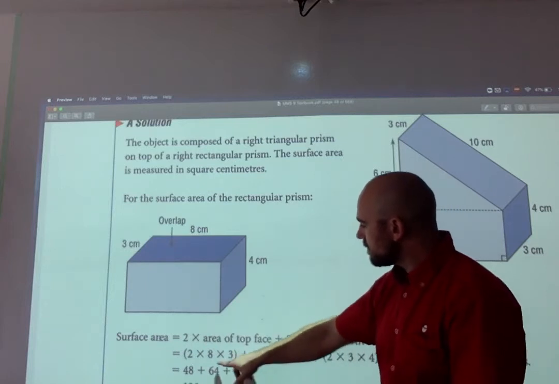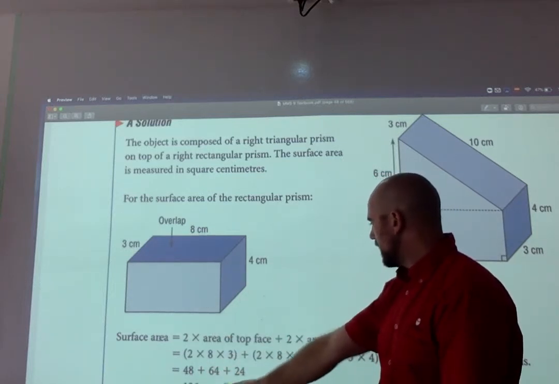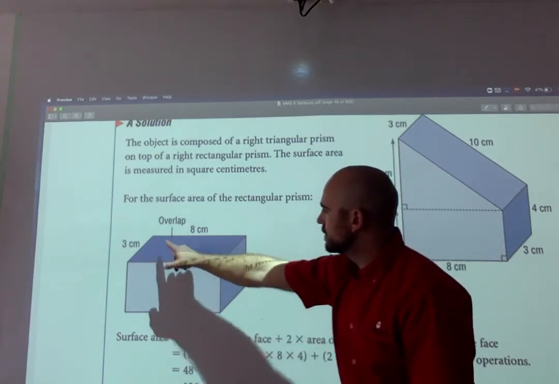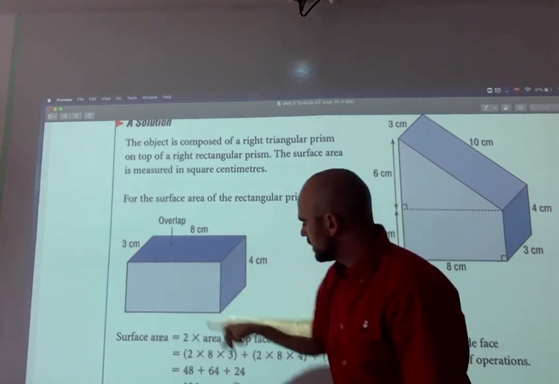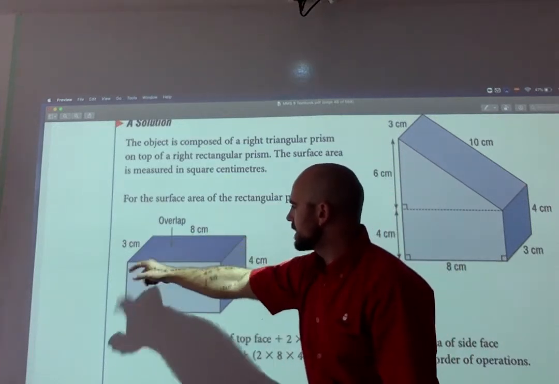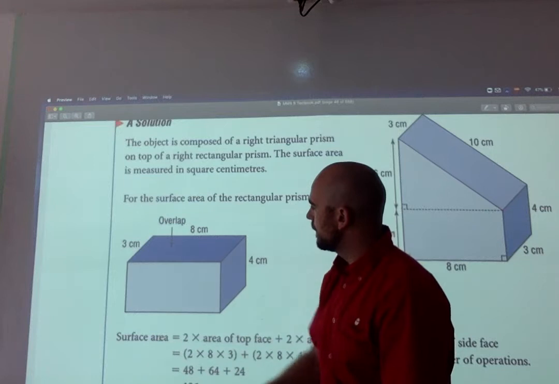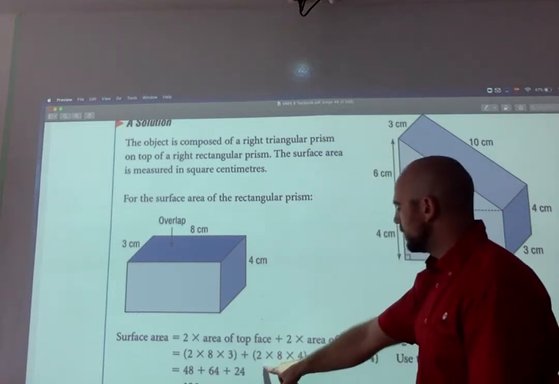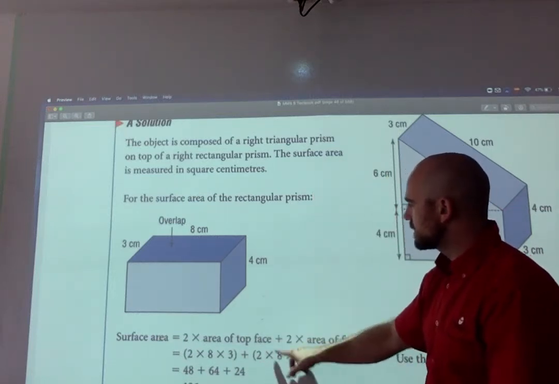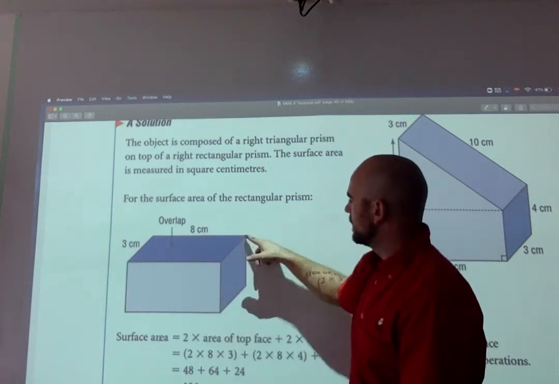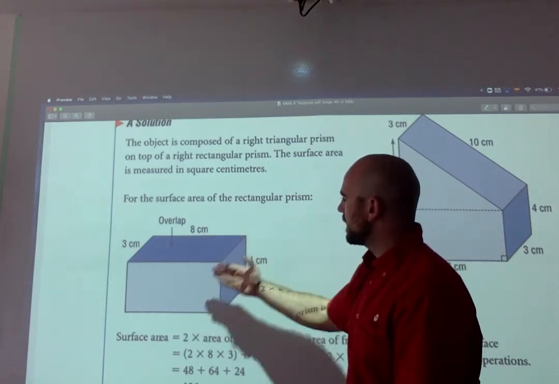So they're going 2, because there's 2 sides, times 8, which is the top, times 3, which is the side. No, sorry, they're doing the bottom. Then they're doing 2, because there's 2 sides, times 8 times 4. So now they're doing the front and the back face.